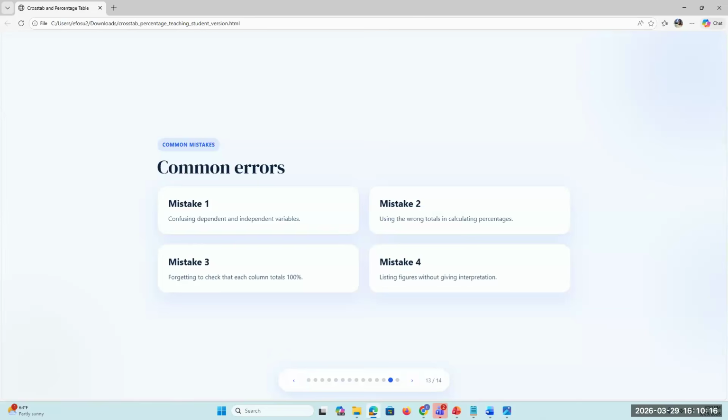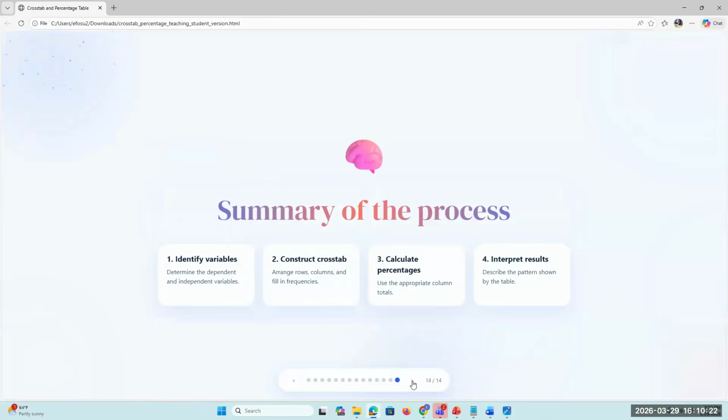So this is how you can handle the errors you have to avoid when it comes to cross tabulation. The summary of our thought process over here is that we've identified variables, we've determined the dependent and independent variables, right? I was amazed how you were able to identify all the dependent and independent variables for the examples that we picked. That is brilliant of you.